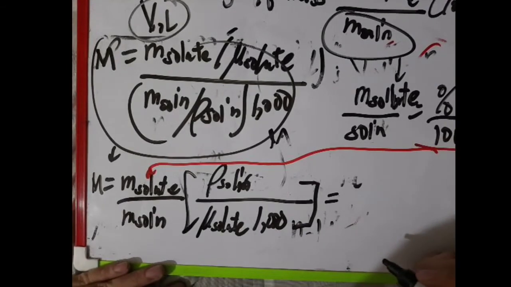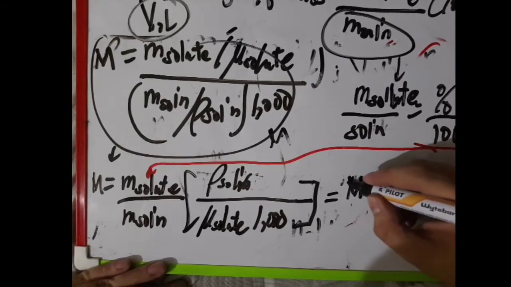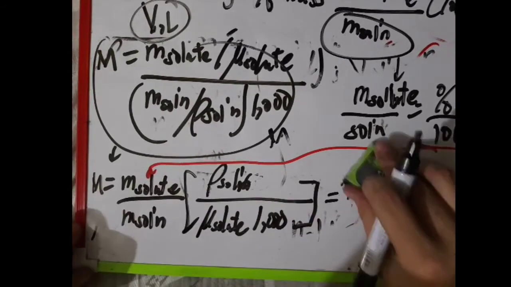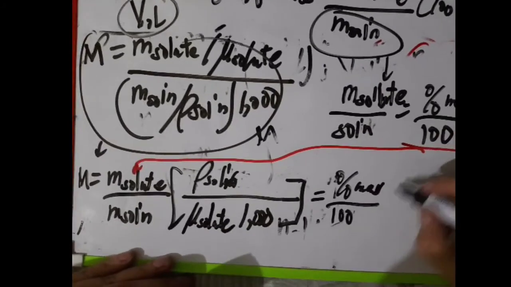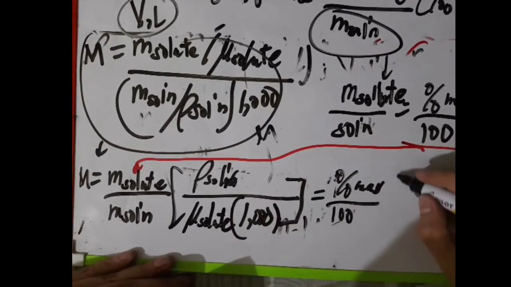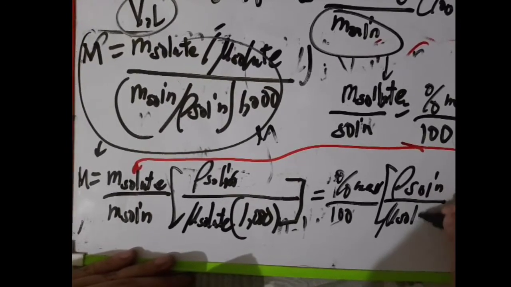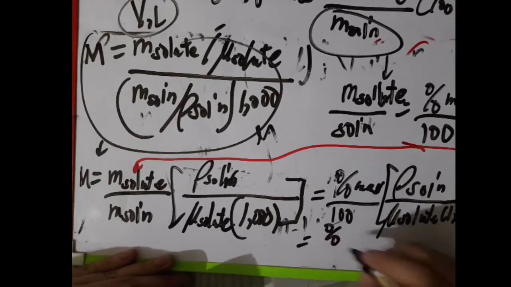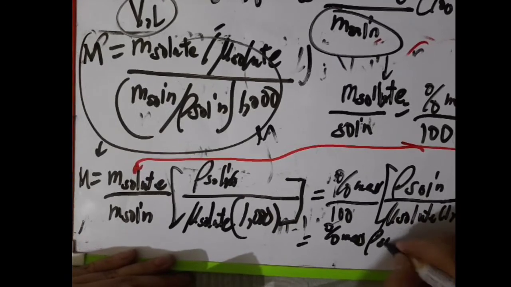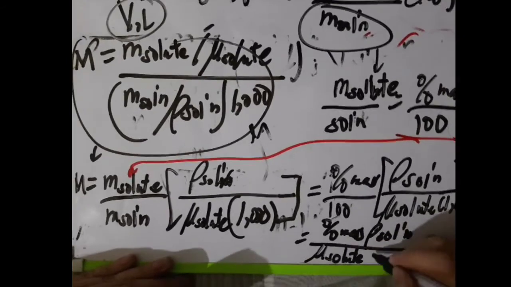So molarity now therefore will be percent mass divided by 100 multiplied by the density of this solution all over molar mass of the solute times 1000, or percent mass multiplied by the density of this solution divided by the molar mass of this solute times 10.